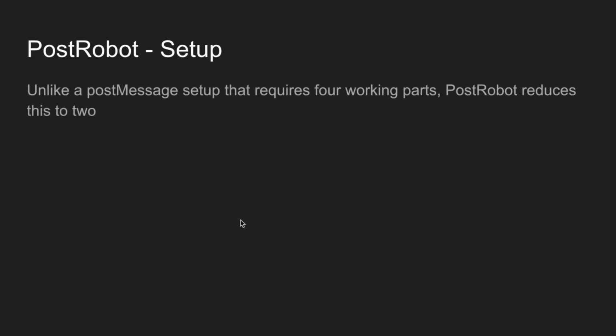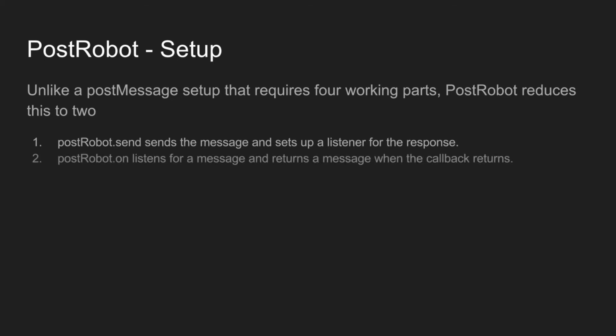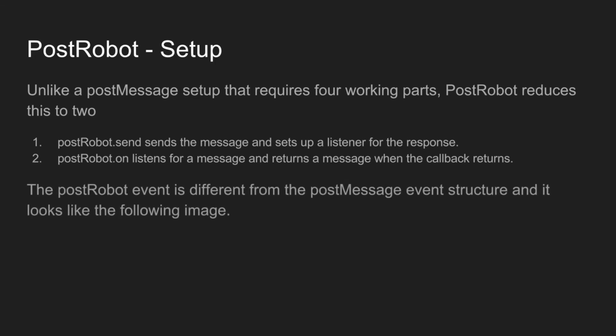So PostRobot Setup. Unlike a post message setup that requires 4 working parts, PostRobot reduces that to 2. We have the PostRobot.send that sends the message and sets up the listener for the response, and then we have the PostRobot.on on the iframe that listens for a message and returns a message in the callback.